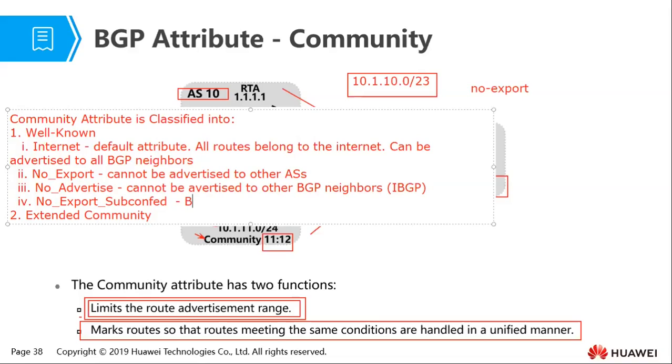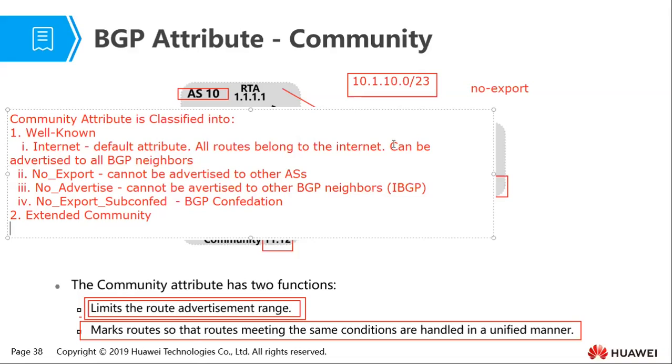Then this one is used for what we call BGP confederation, and it is beyond the scope of this course. It's a topic that has been covered extensively at HCIE level. Okay, so now let's look at the extended community attribute.